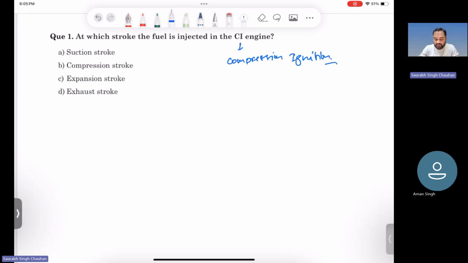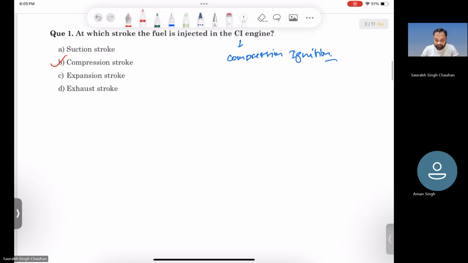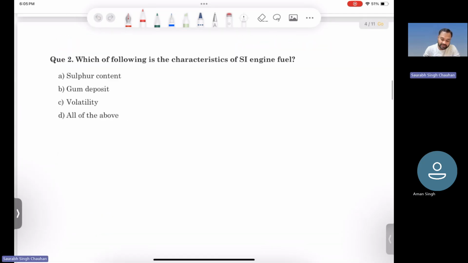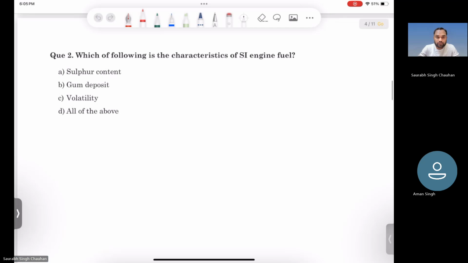The correct answer should be option B, compression stroke, right? Correct. I hope there is no doubt in question 1, and we can proceed to question number 2.